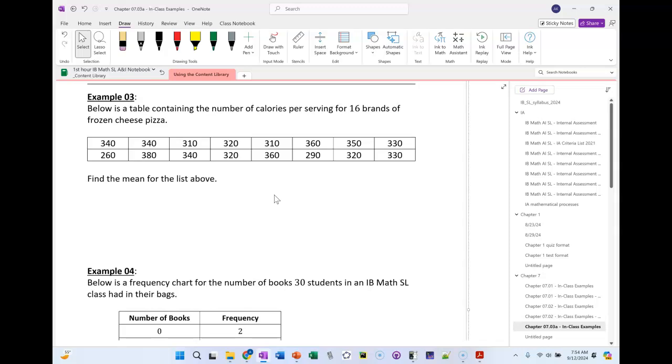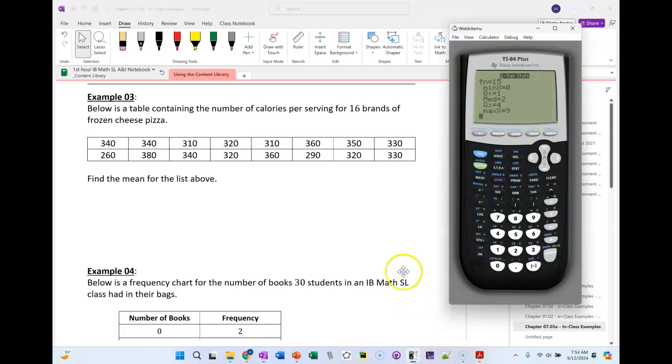Second, quit. Stat. Calculate. L1, if it was in L1.